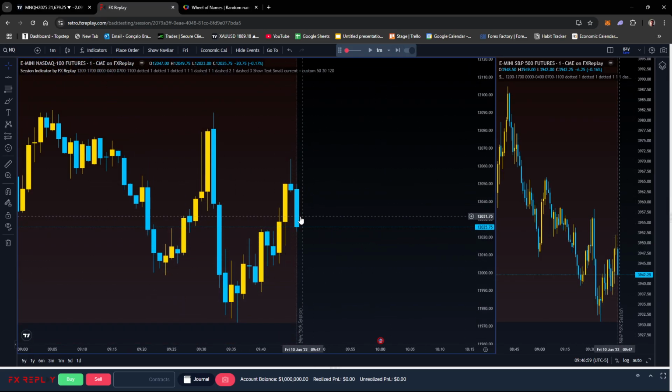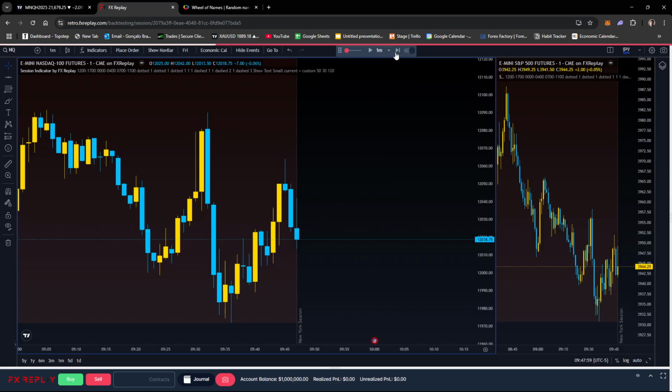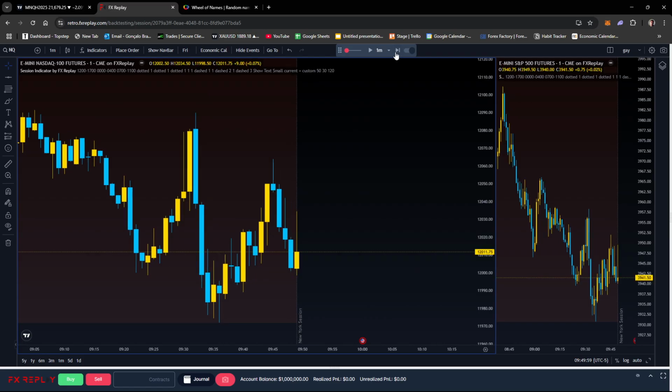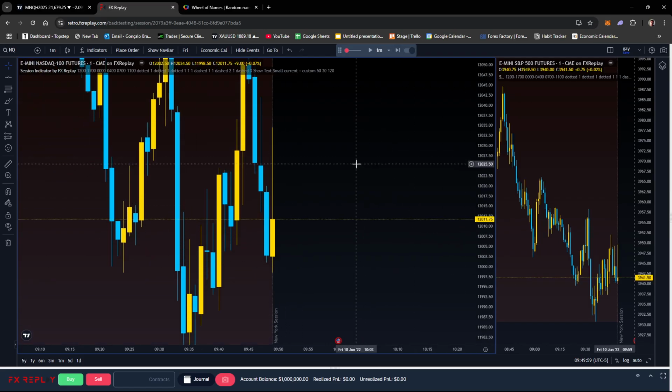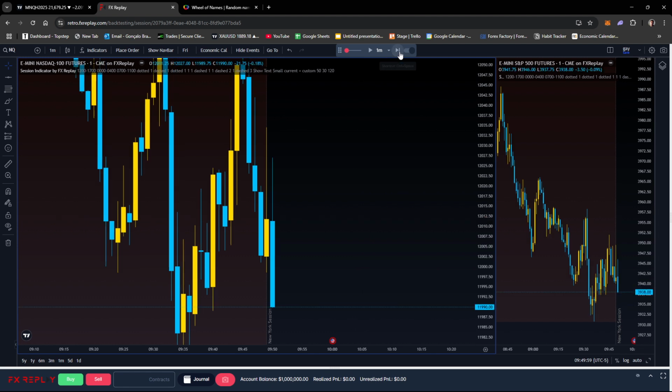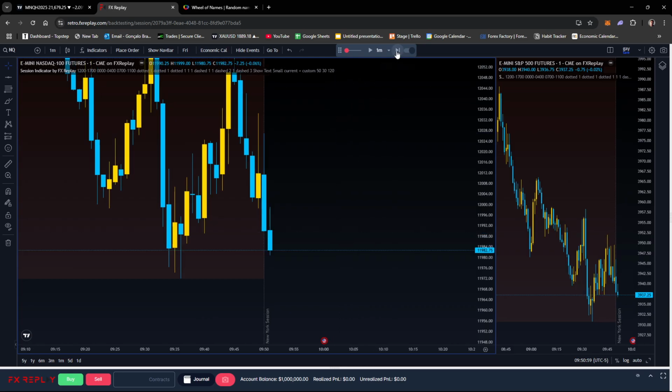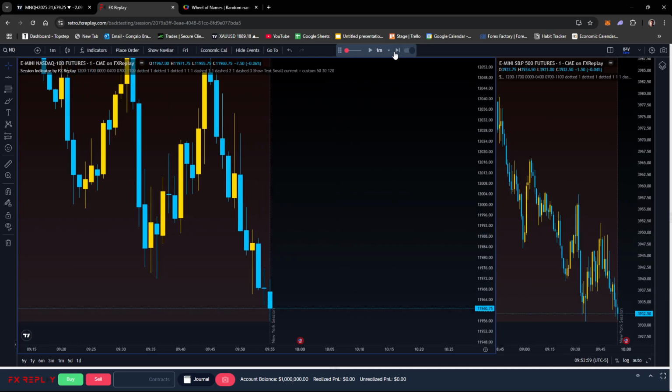I'm not taking this bullish scam. Okay. I think we're going to see some bearish order flow, at least to this low. I was looking for a little inversion, but doesn't look like we're going to get it.